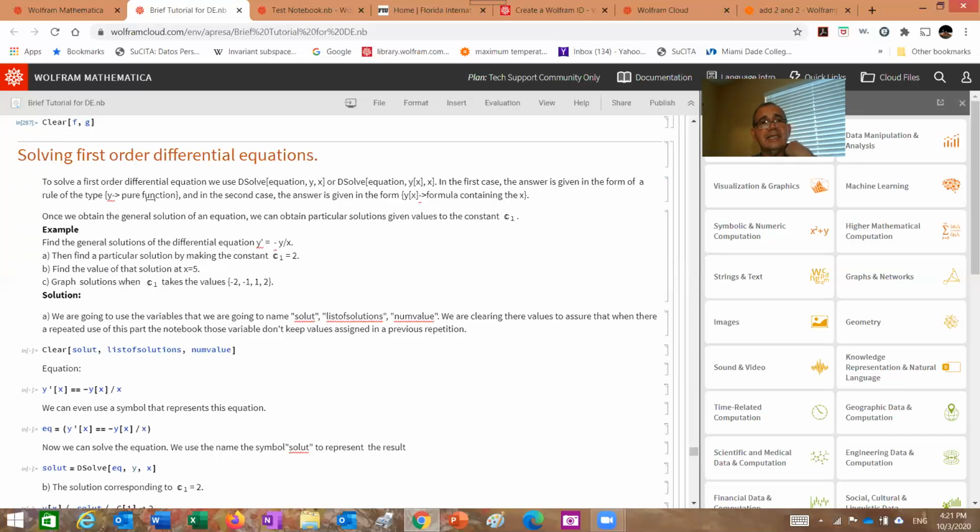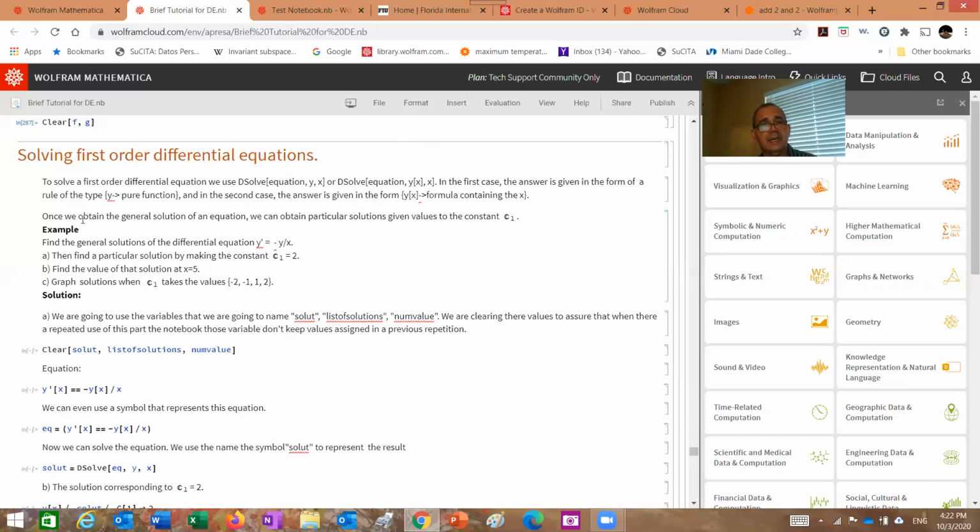It means if the solution is f of x equals x squared, in the first case the solution is just the f, the name of that function, or the function that converts x into x squared. But in the second case, the function is given by the formula x squared.